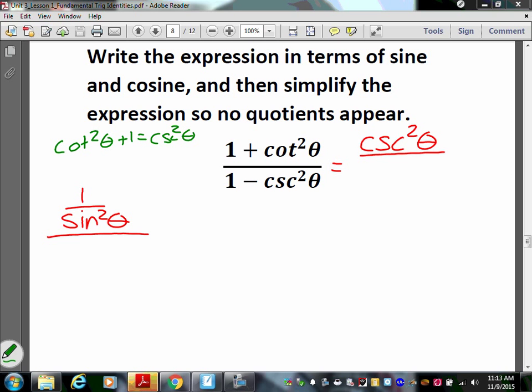Because if I subtract cosecant squared from both sides and then subtract 1 from both sides, if I do a little manipulating here, I can get that 1 minus cosecant squared is negative cotangent squared. So again, if I take the same Pythagorean identity, I can manipulate it so that 1 minus cosecant squared is equal to negative cotangent squared.